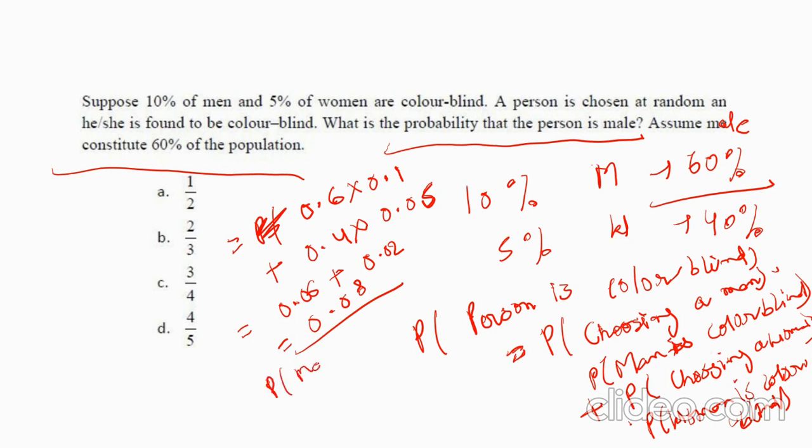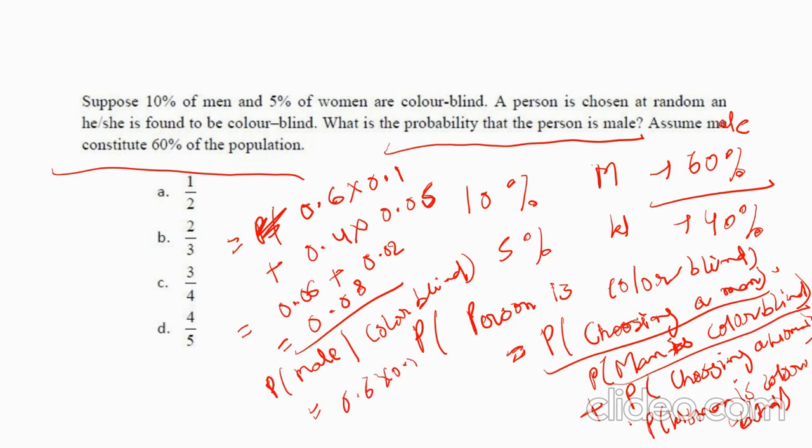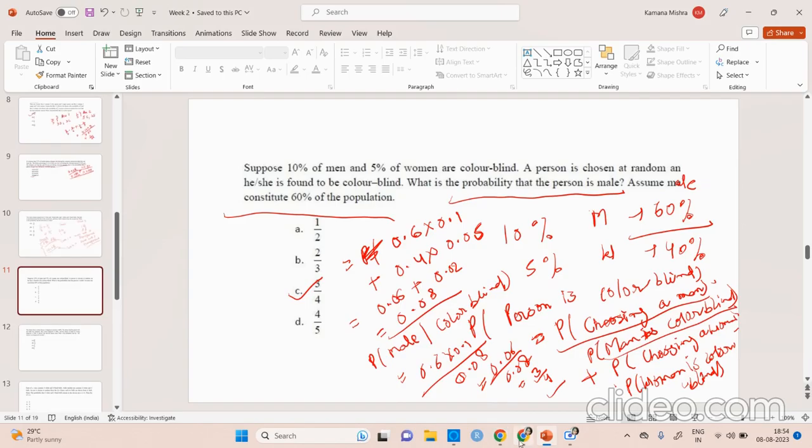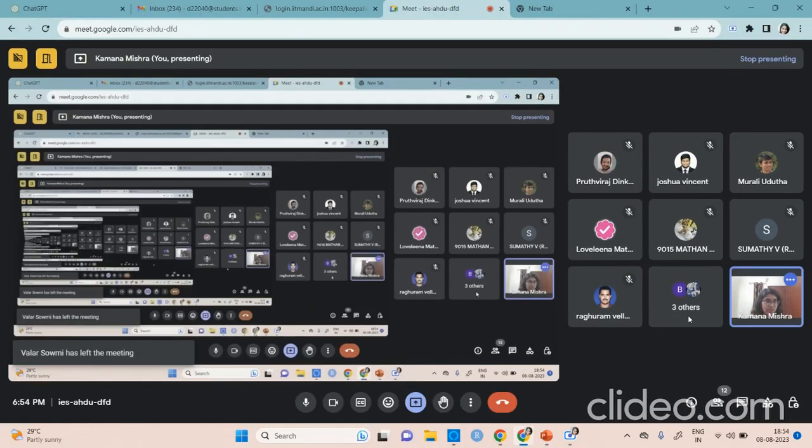So the person is male given it is colorblind will be 0.6 into 0.1 divided by this 0.08, so it will be 0.06 by 0.08, which will be 3 upon 4. Is it clear, everyone? Okay.